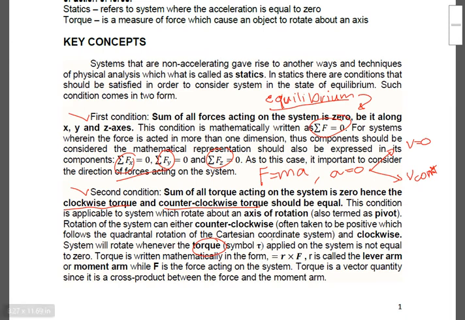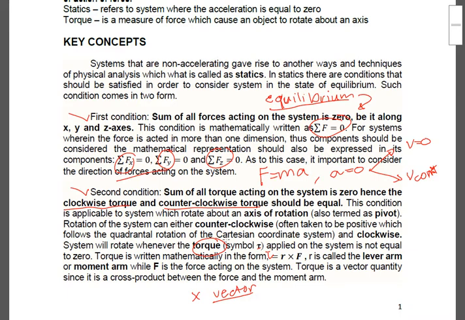Torque has the symbol tau. Torque is equal to r cross F. Cross means you are multiplying vectors, so the resulting product of the multiplication is a vector quantity. Hence, torque is a vector quantity.